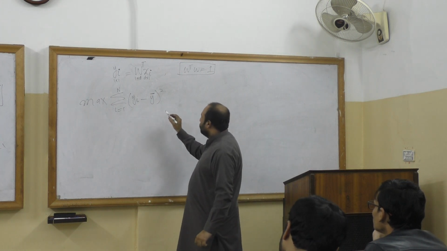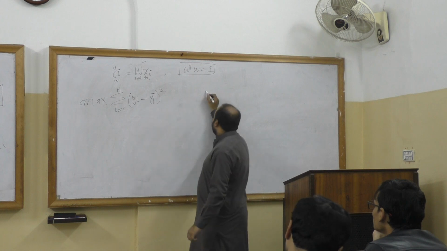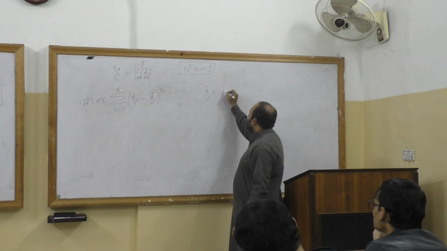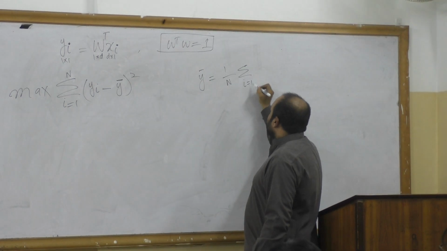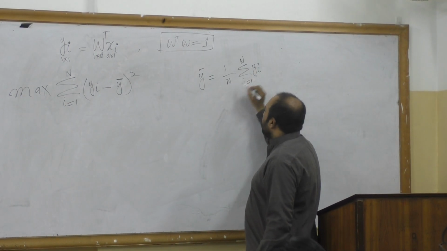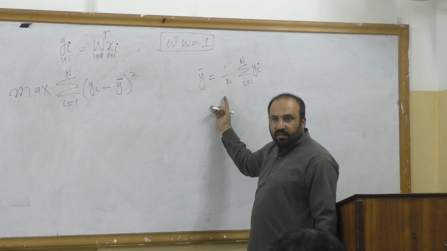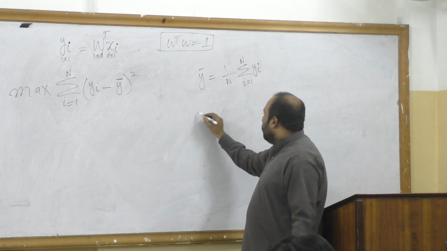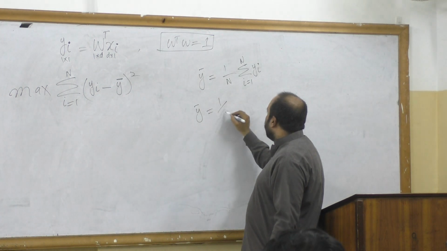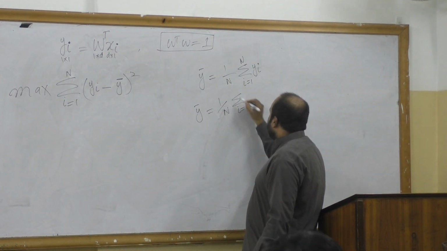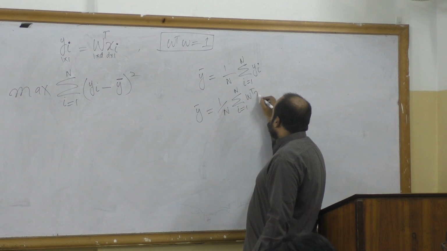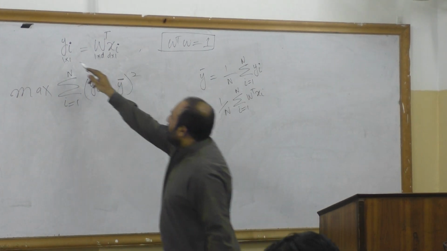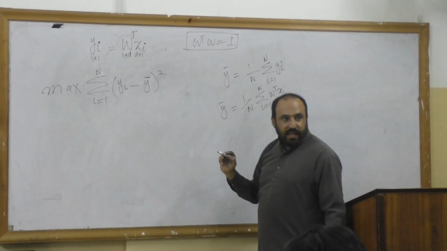So this y bar can be written as 1 over n, i varies from 1 to n, y_i. Yes. This is y bar, the mean of the data, projected data. Is that true? Which means this y bar can be written as 1 over n, i varies from 1 to n, W transpose x_i, because this is what the y_i is. Yes?